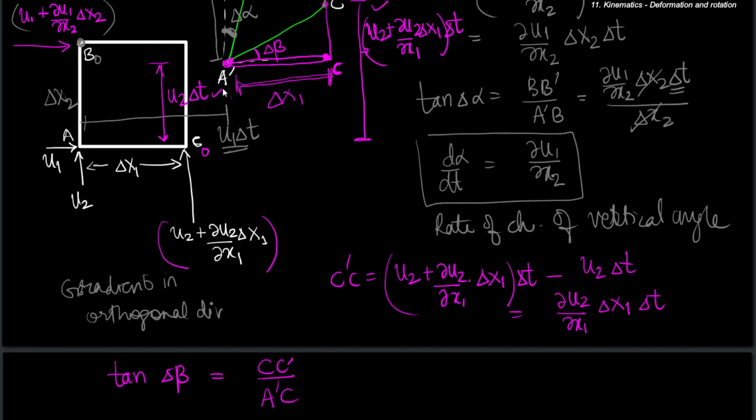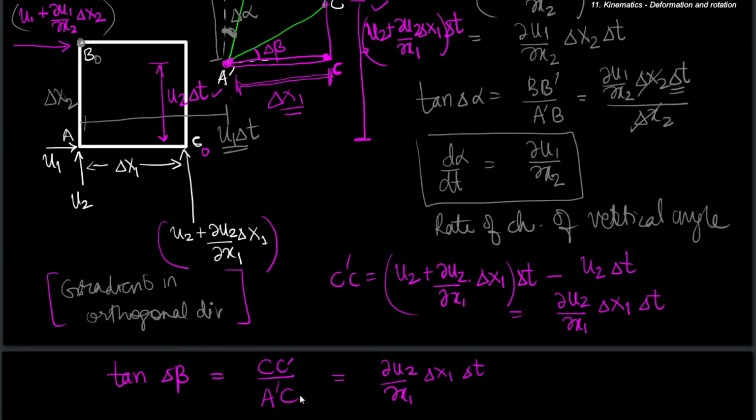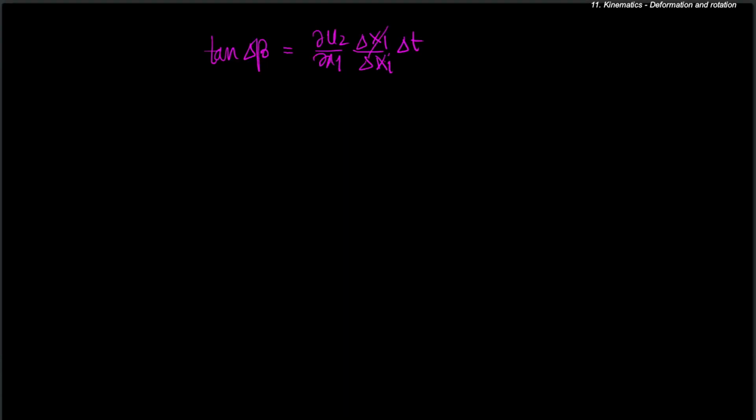Therefore A prime C is also going to be delta x1 because we are essentially considering gradients in the orthogonal direction, and this is going to be del u2 del x1 delta x1 times delta t, and A prime C is equal to delta x1, so we will divide by delta x1 and delta x1 cancels out, and this becomes del u2 del x1 times delta t.